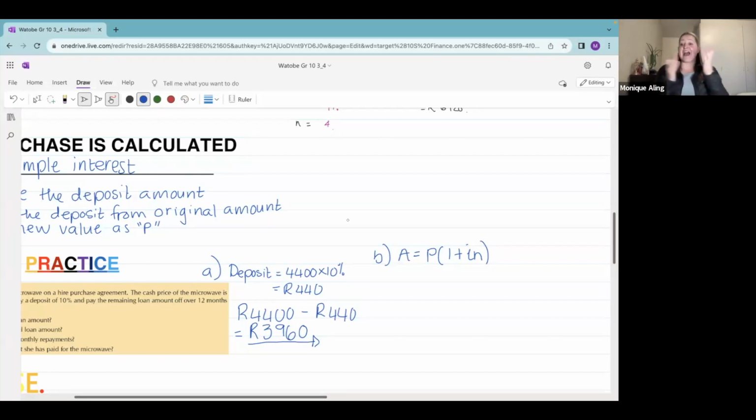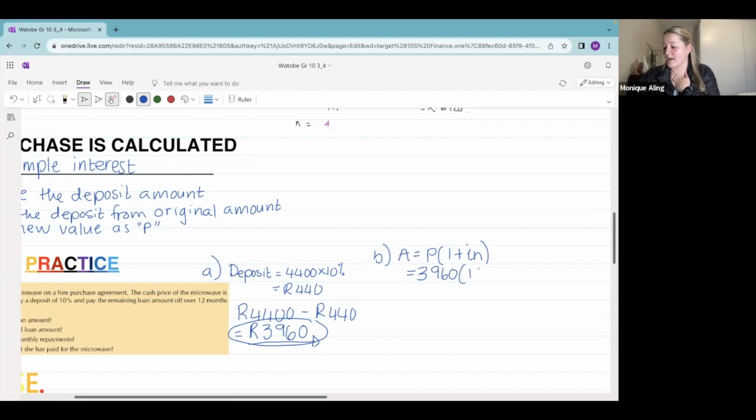Okay, guys, so now we have our simple interest formula, and we've just worked out our P value. Our P value is 3,960, so I put 3,960 into my formula.